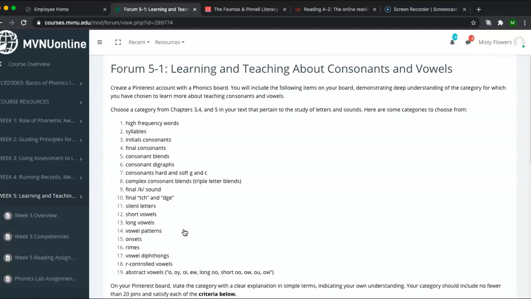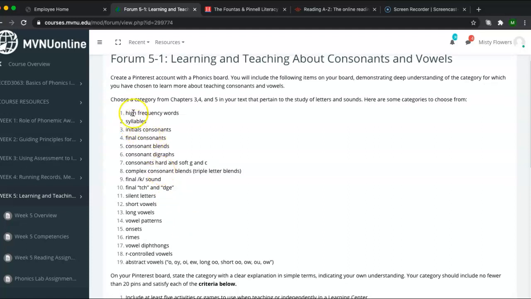And you're going to include the following items on your board, demonstrating deep understanding of the category for which you have chosen to learn more about teaching consonants and vowels. Here, you're going to choose one of these categories, and these are all in chapters 3, 4, and 5 in our text.